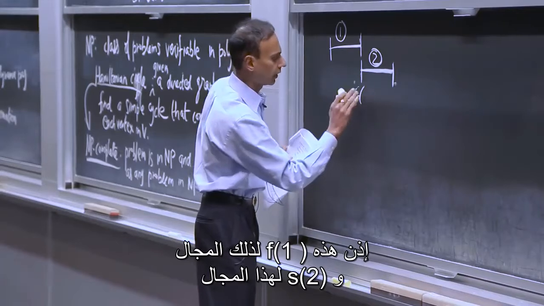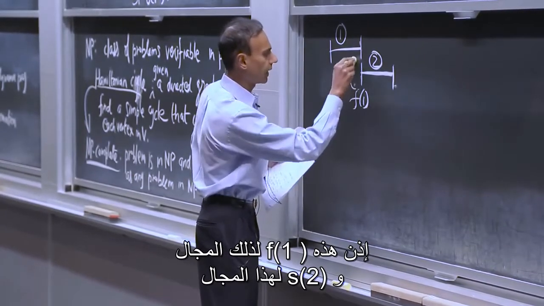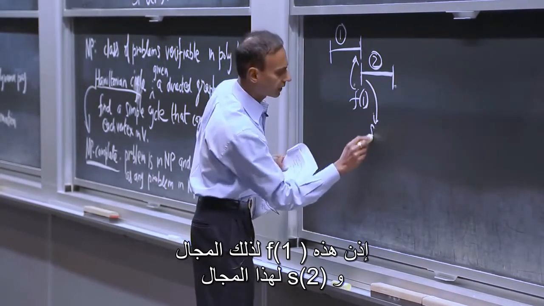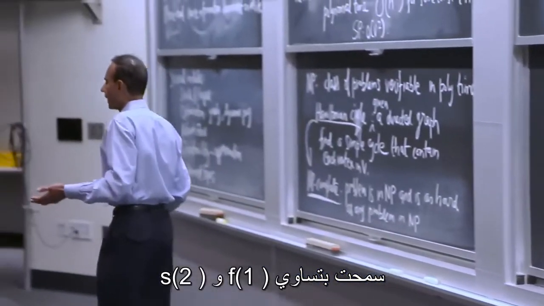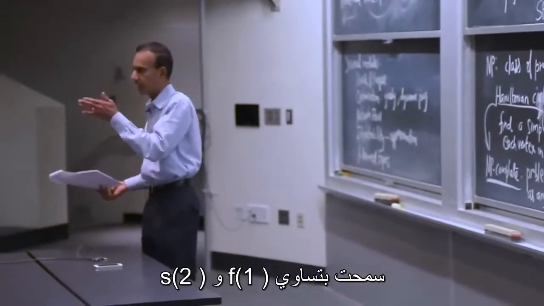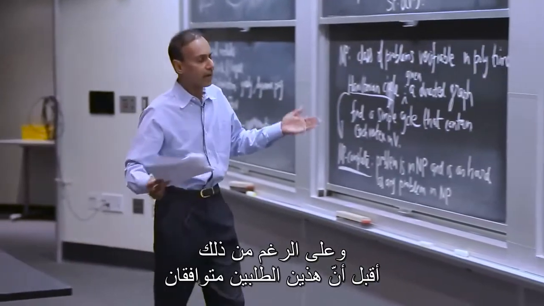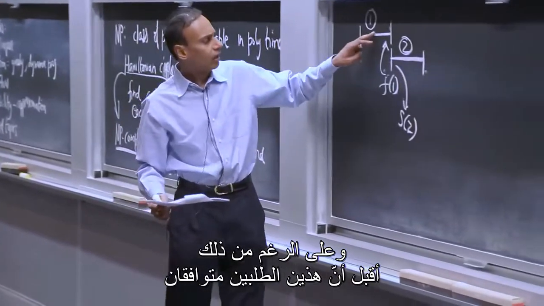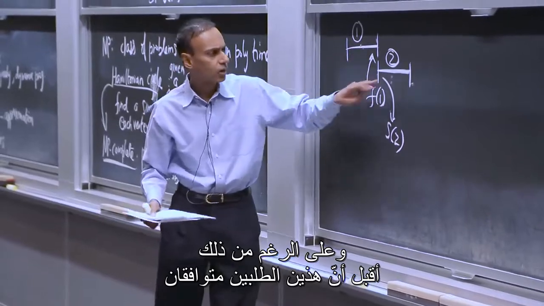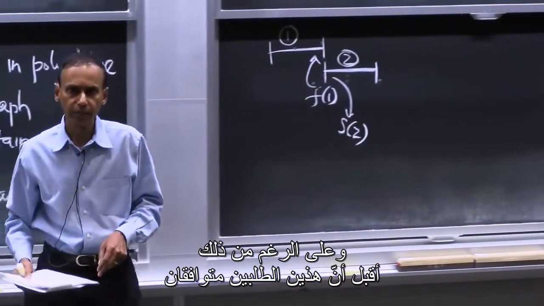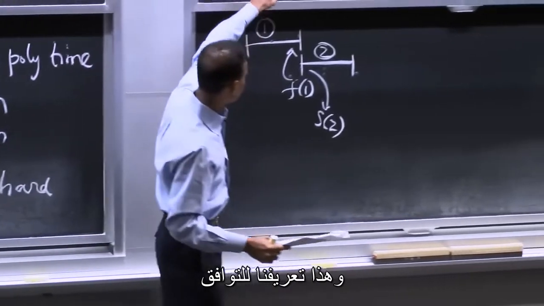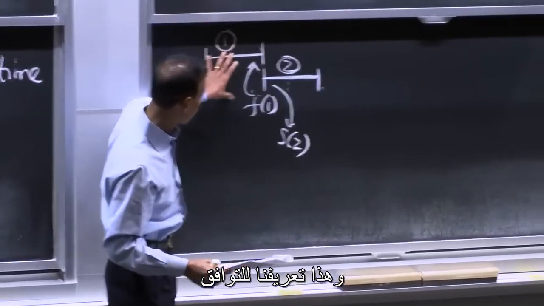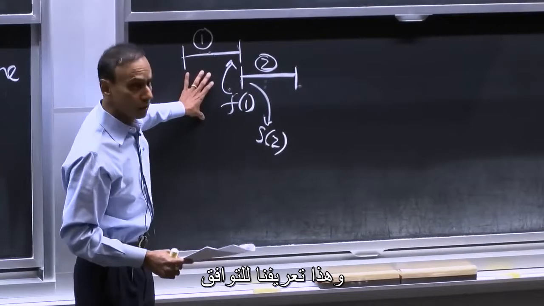So this is F of 1 for that, and S of 2 for this. I'm allowing S of 2 and F of 1 to be exactly equal, and I still agree that these two are compatible requests. Okay, so this is just, I guess, terminology, our definition of compatibility.